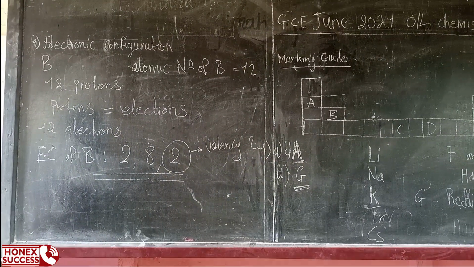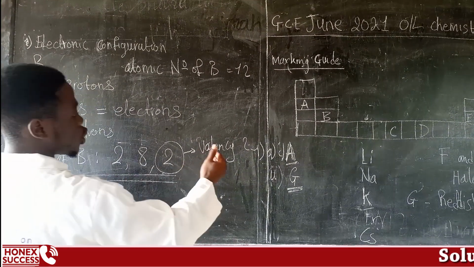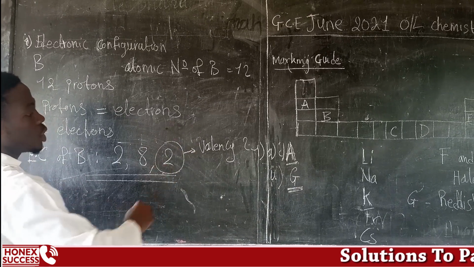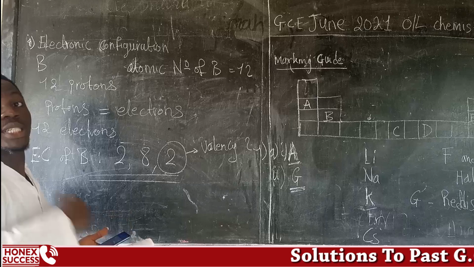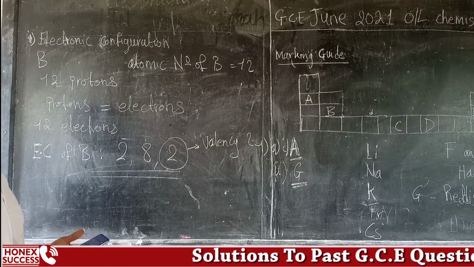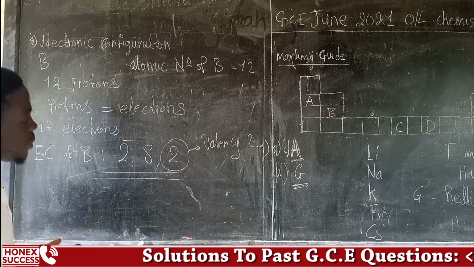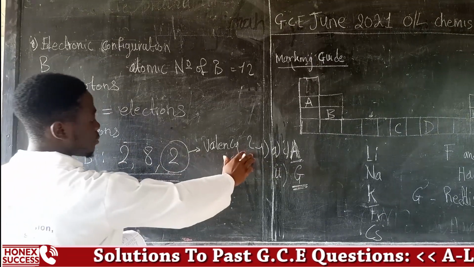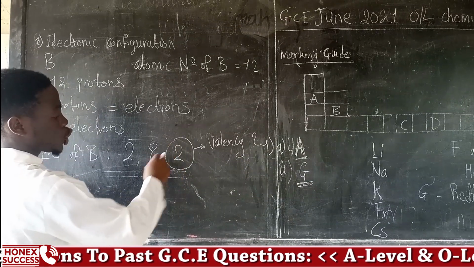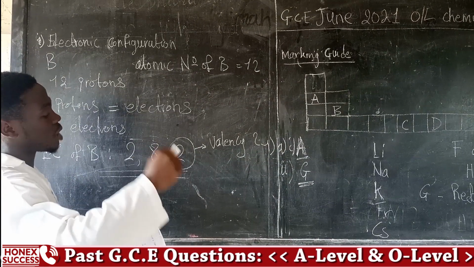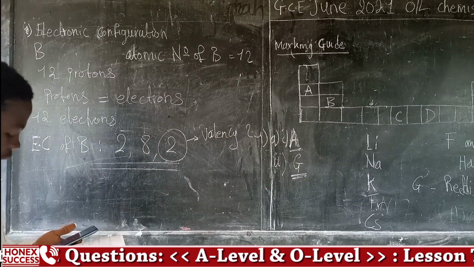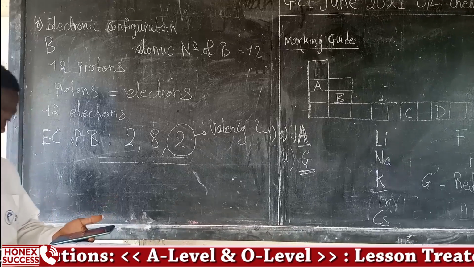That means it has a valency of 2. When you have a valency of 2, this last number on the outermost shell will tell you the group number to which that element belongs, and also tell you the valency of that element. So we discover that it has a valency of 2 and it is present in group 2, since the last number on the outermost shell gives us the group number of that element.